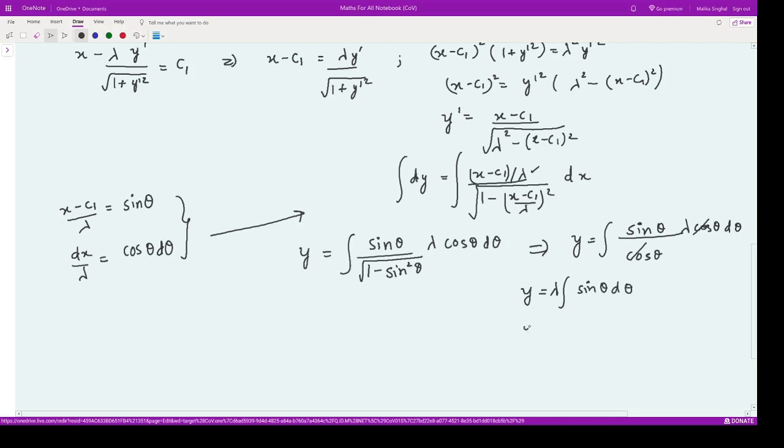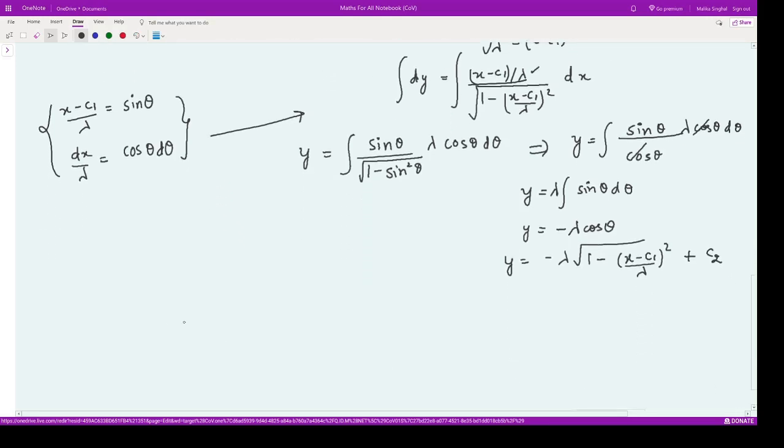So y is simply equal to minus lambda cos of theta, and we have to again resubstitute these values, so we can write it as minus lambda square root of 1 minus ((x minus c1) upon lambda) whole square plus constant of integration, that is c2.